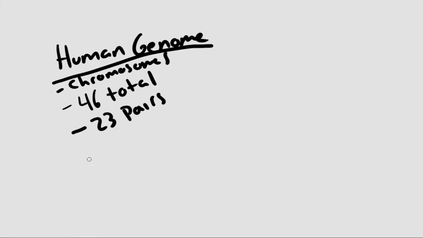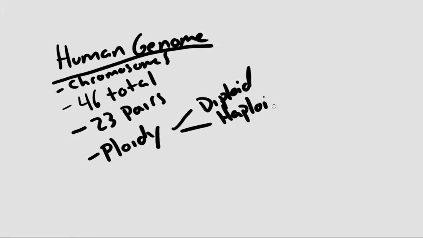So now we're talking about ploidy specifically. By ploidy, we mean, do you have pairs of chromosomes, or do you have just one of the pair of chromosomes? All right, and this might make more sense after I draw this out, but for now, we're just going to talk about diploid and haploid. Where a diploid, you're going to have pairs. And then haploid, you do not have a pair.